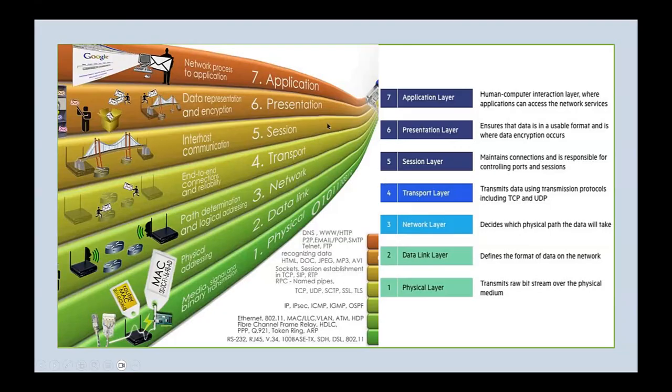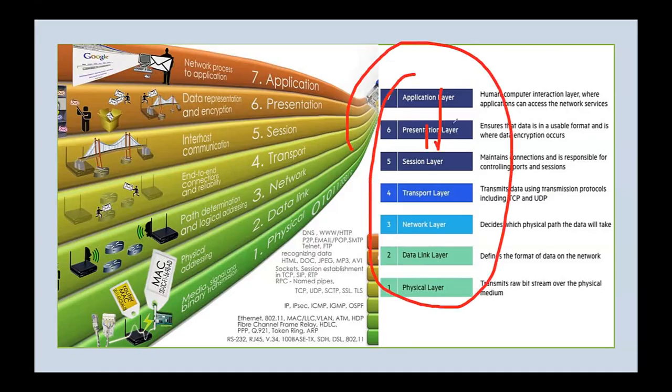And that protocol stack is called the 7-layer architecture. You have the application layer, presentation layer, session layer, transport layer, network layer, data link layer, physical layer. This is the 7 layers. You need to remember what they are. As a computer scientist, you need to know.